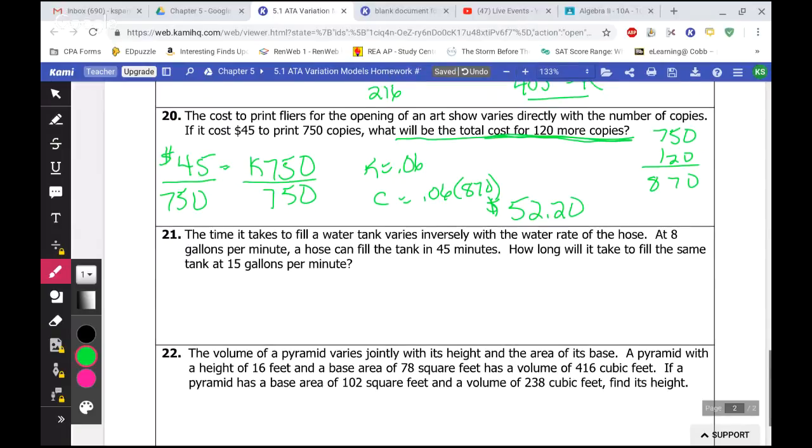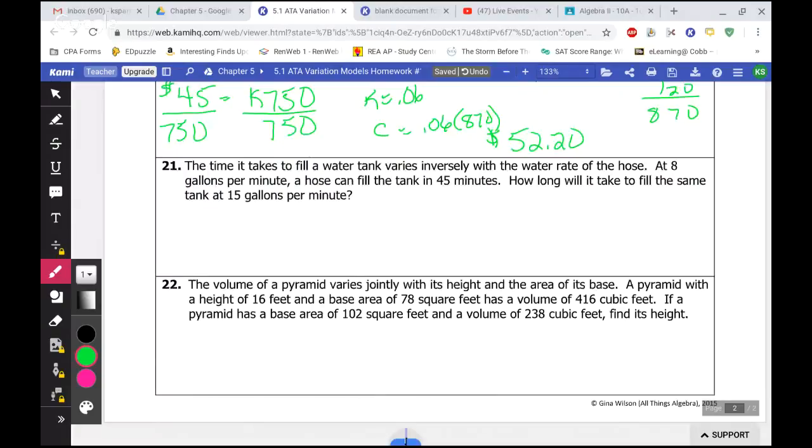The time it takes to fill a water tank varies inversely with the water rate of the hose. So that means at a rate of 8 gallons per minute, the hose can fill the tank in 45 minutes.